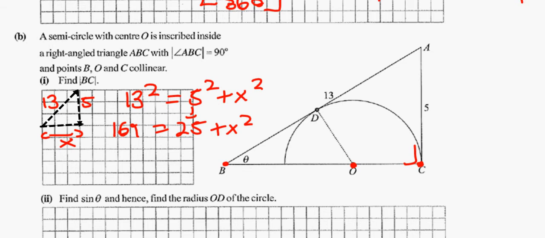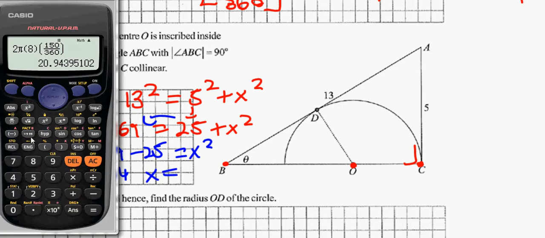We're going to bring the 25 out the other side, so we're going to get 169 minus 25 equals x squared. X squared is going to equal 144, and therefore x has to be the square root of 144, and that equals 12.